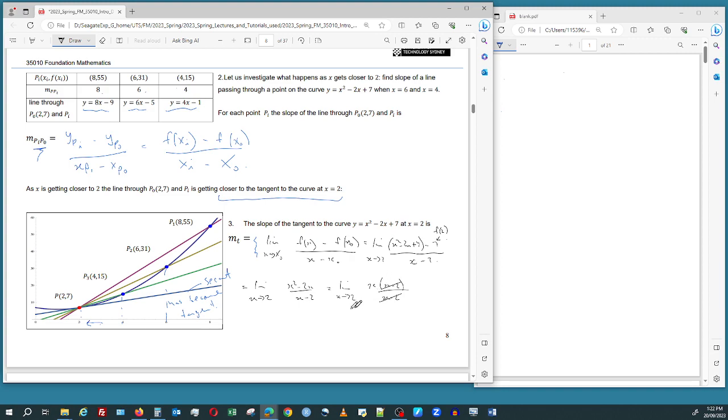And so we're left with the limit, our insurance policy, as x approaches 2 for x. So that becomes, for all intents and purposes, 2. Okay, so we've got the gradient of the tangent at the point x equals 2.